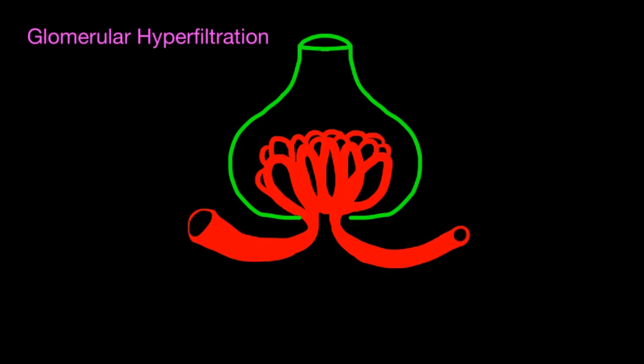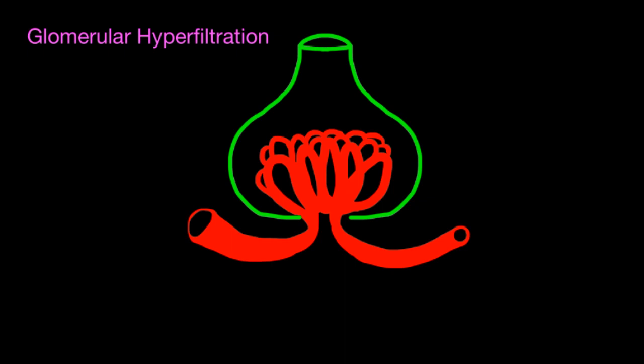Another concept relevant to hypertension and CKD is the concept of glomerular hyperfiltration. This is where there's actually intraglomerular hypertension, or increase in filtration at the level of the glomerulus that's above and beyond what normally needs to happen.